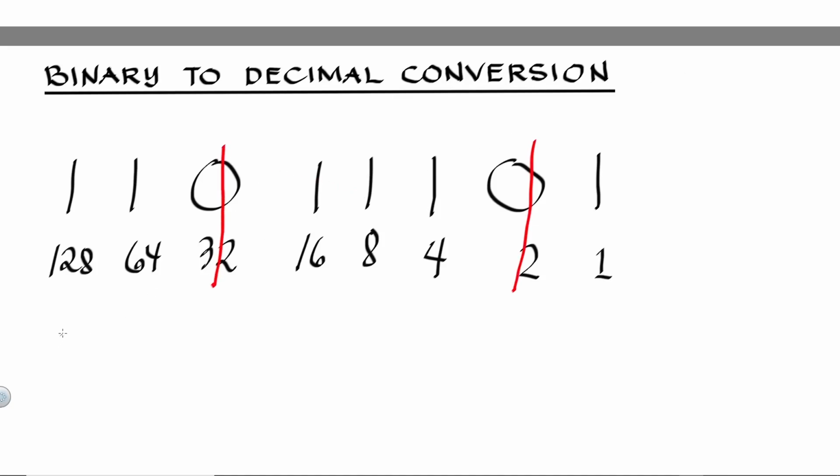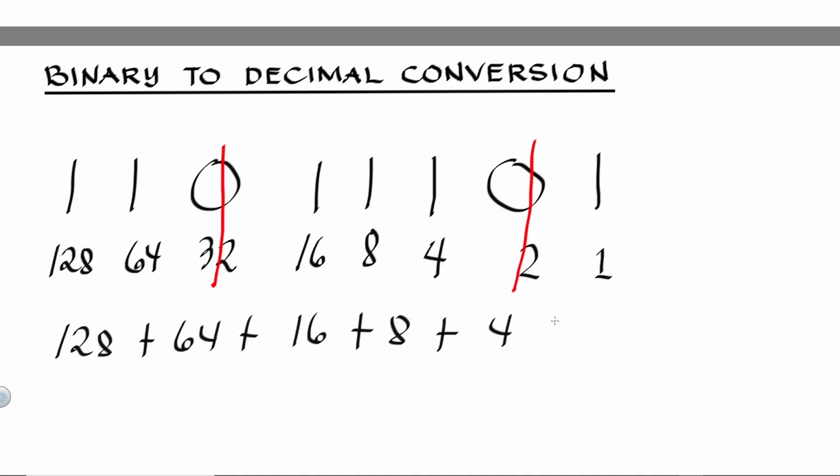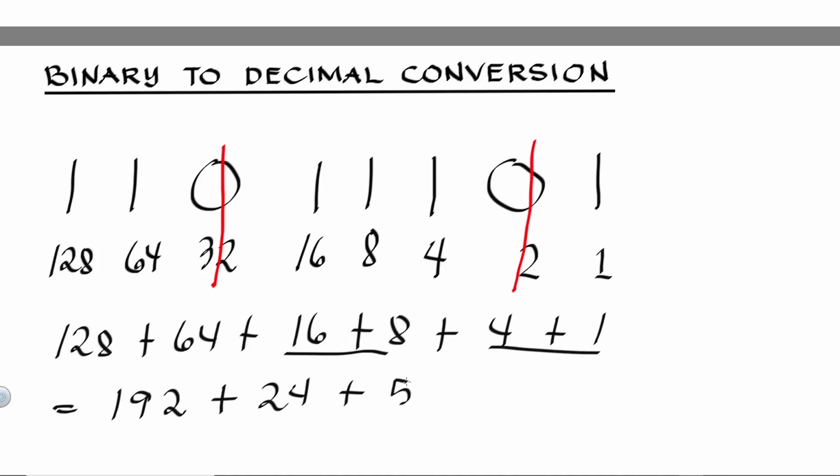Then get the sum of the remaining ones, which is 128 plus 64 plus 16 plus 8 plus 4 plus 1. 128 plus 64 is equal to 192. 16 plus 8 is equal to 24, plus 4 plus 1 is equal to 5.